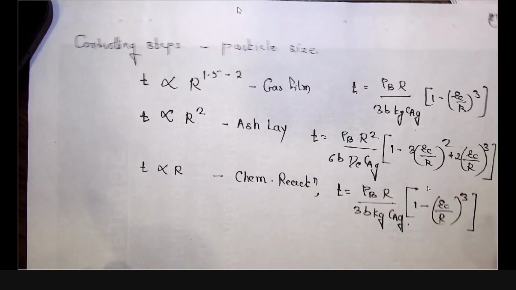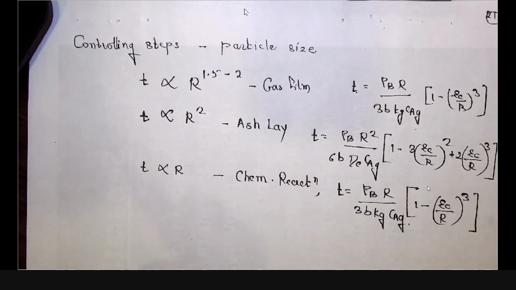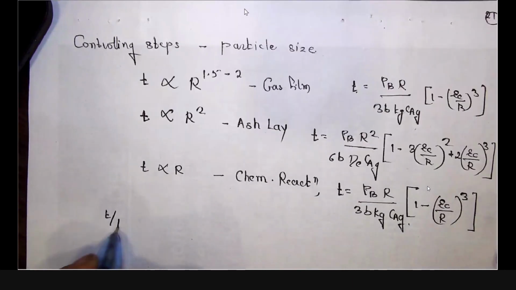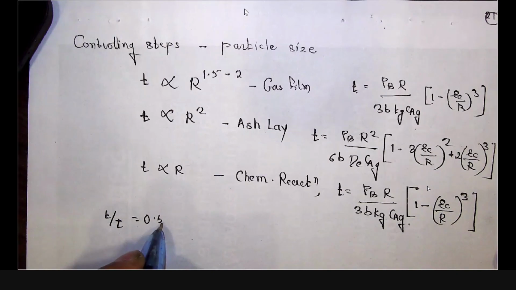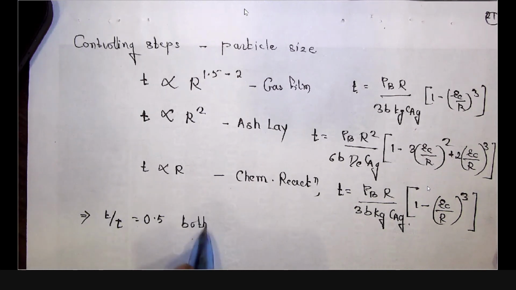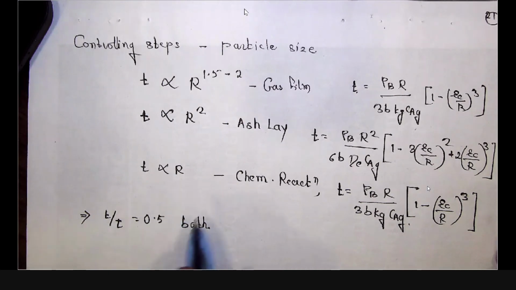So this way we can find out which one is the controlling. In a few cases you will find that at a particular t upon tau equal to 0.5, both ash layer and chemical reaction will be controlling.